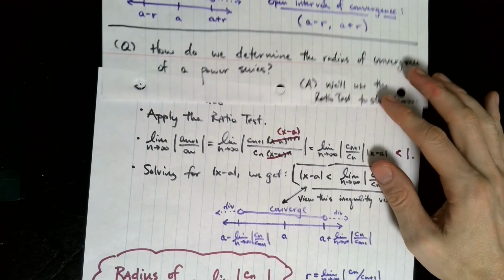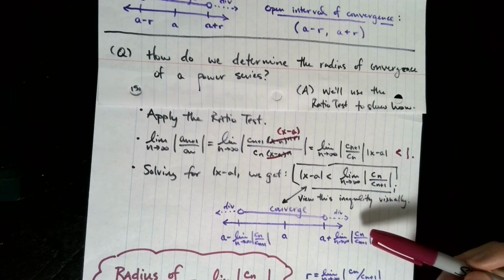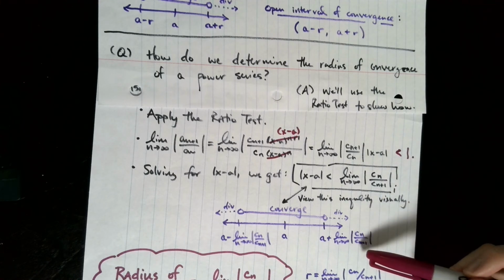As we were solving this inequality, we noticed that the distance you go to the right and to the left of the center is precisely the limit as n goes to infinity of the general coefficient over the general coefficient of the n plus 1th degree term.